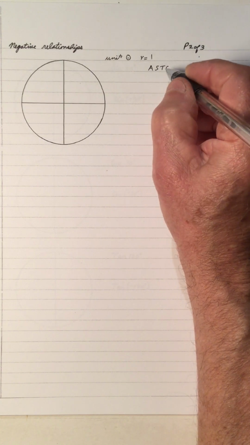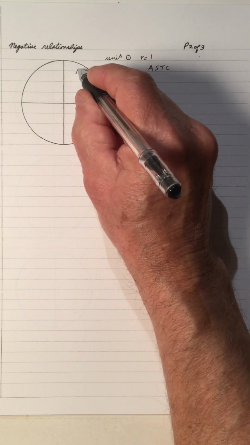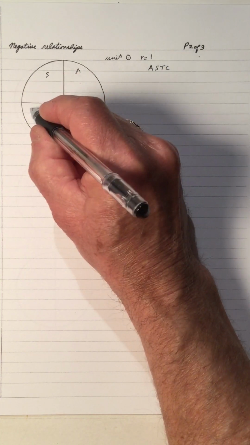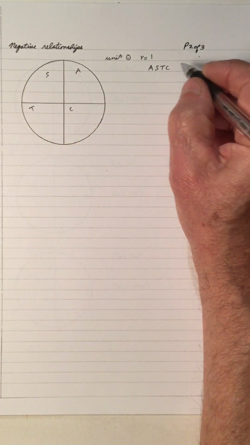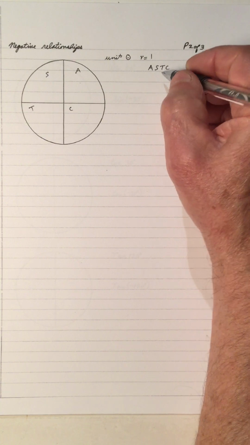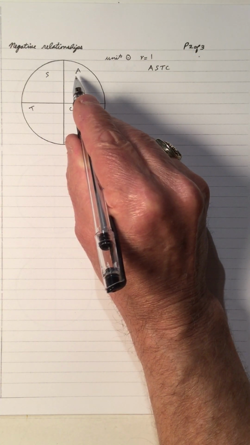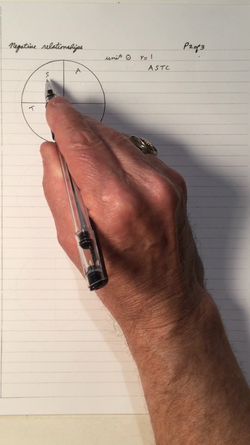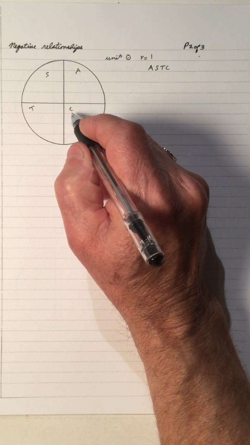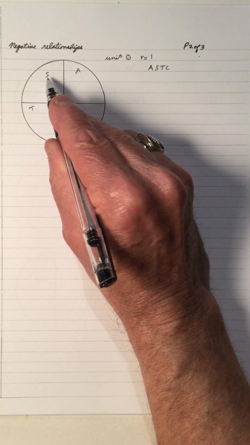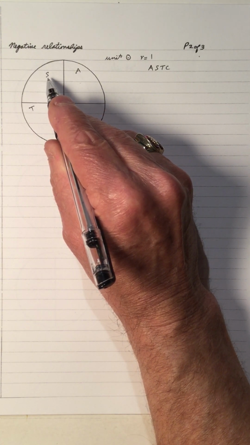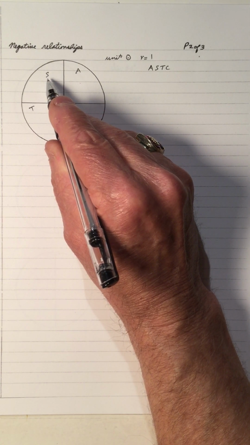ASTC, add sugar to coffee. Add sugar to coffee tells me where the trig functions are positive. This first quadrant is all. S is for sine, T is for tan, and C is for cos. So if sine is positive, that means its reciprocal, cosecant, is positive.